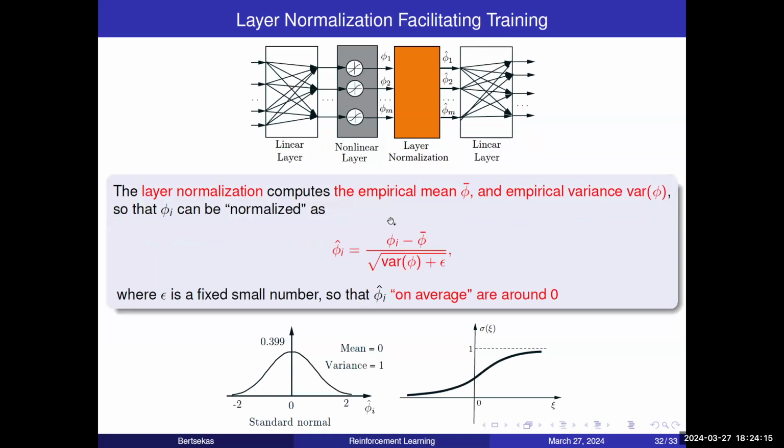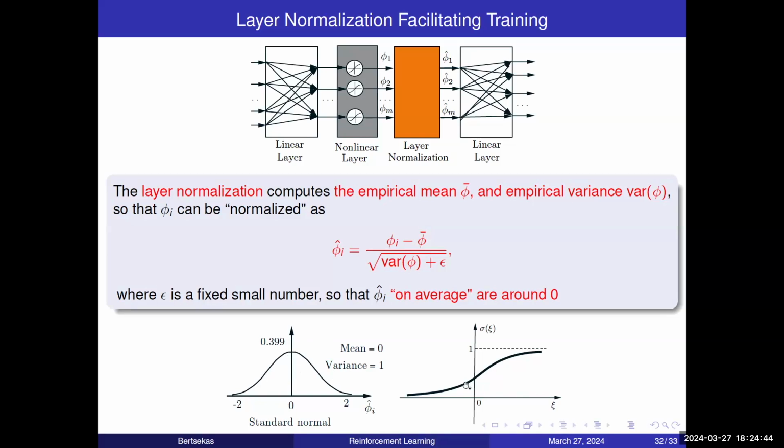So why would one like to do this? Intuitively, one can think that after this layer normalization, the empirical distribution of phi hat would approximate the standard normal distribution. And recall that in all the training, all we have done is manipulate the gradients.